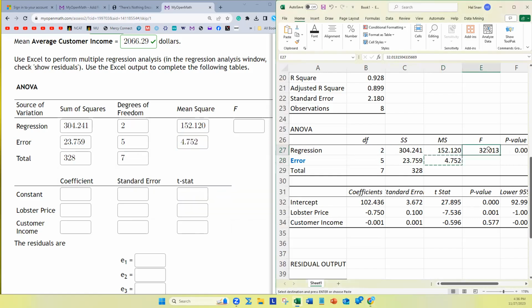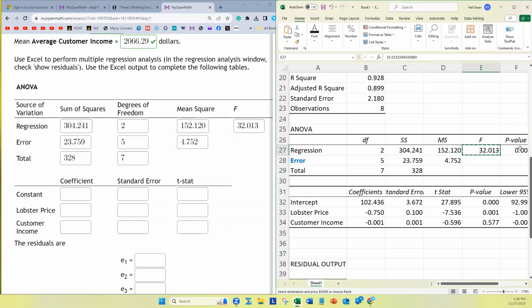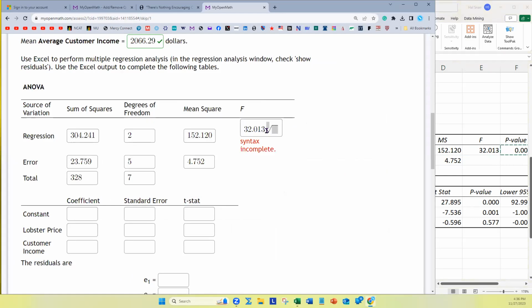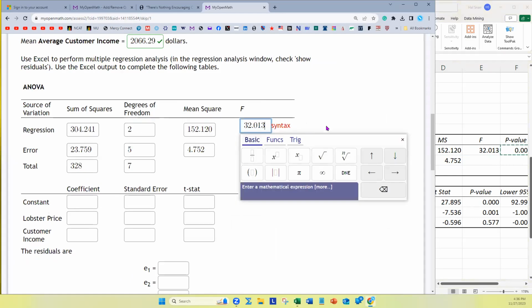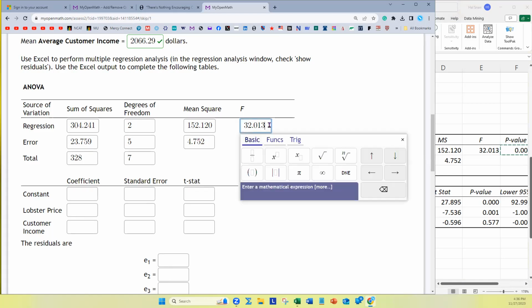F statistic is pretty big. We expect the F statistic to be close to 1. And I don't think I have a p-value out there. Yeah, I don't have a p-value out there. If the mean square due to regression and the mean square error are equal, the F stat is equal to 1.